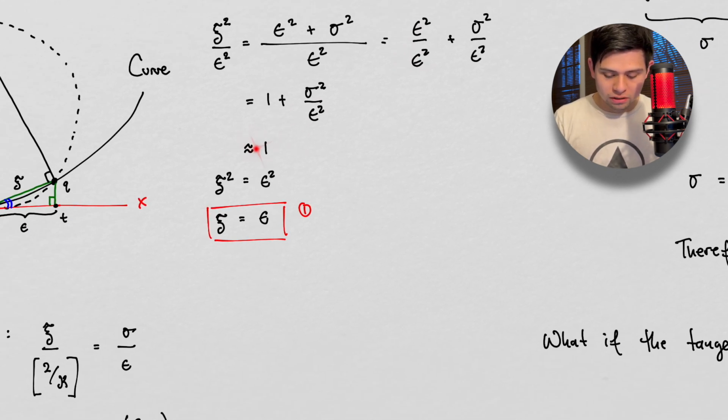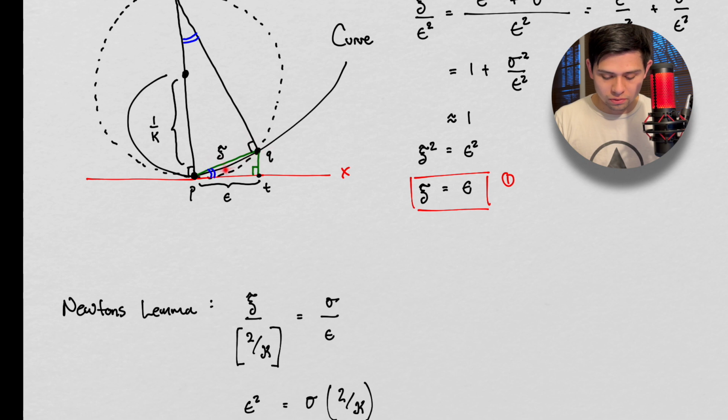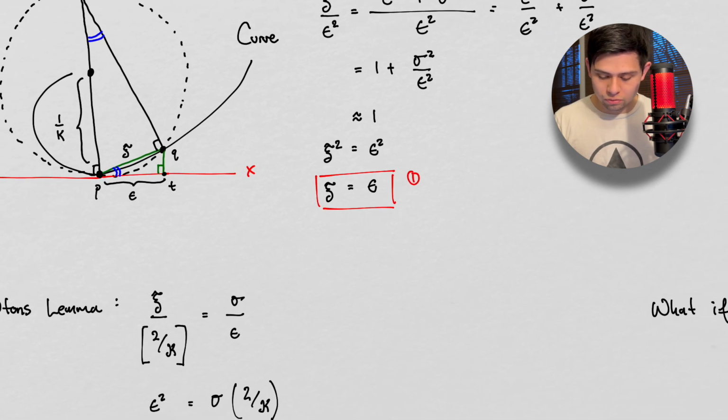So this is approximately 1 in the event that this right here is really small. So we want this to be small. We want epsilon to get really small as we're dragging Q towards P. What that would mean is that this hypotenuse value squared is equal to this squared, and so we get this relationship.